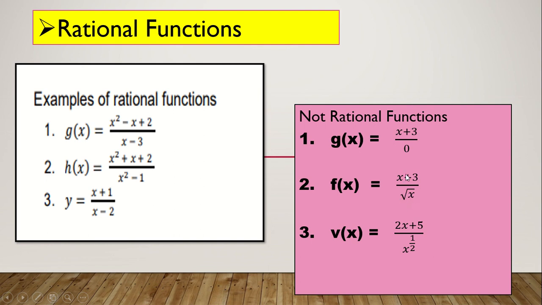Even if it is in the numerator, once you have a square root of x, it is still not a rational function. It is undefined. V of x is equal to 2x plus 5, okay? It is a polynomial, but our denominator is x raised to 1/2. We have a fractional exponent. So again, the condition for a rational function is that you should not have a fractional exponent. That is why these are called not rational functions. All your answers here are undefined.